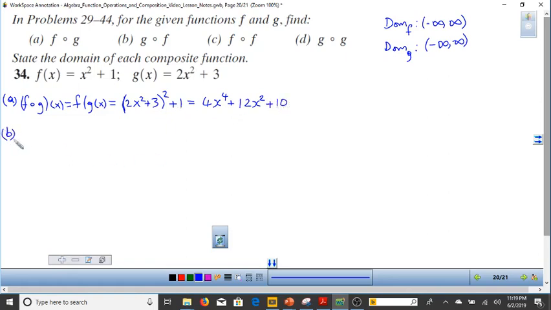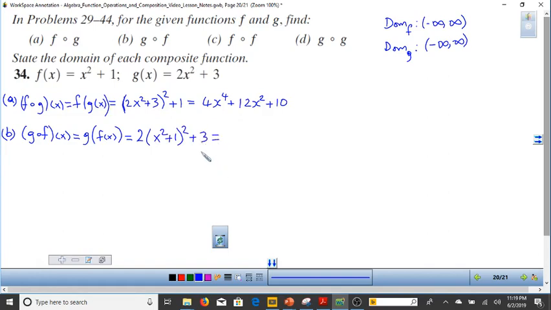And part B, g of f of x is a substitution the other way around. So we're doing g of f of x. In this case, we're doing 2 times the quantity x squared plus 1, and that quantity squared plus 3.